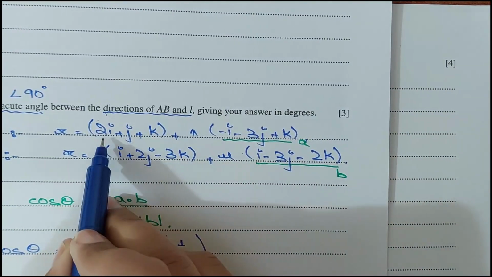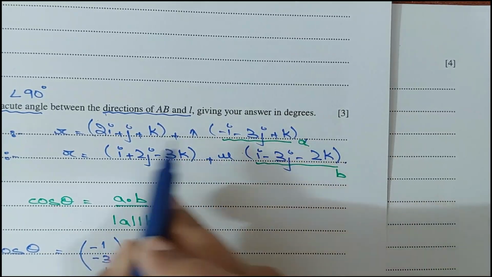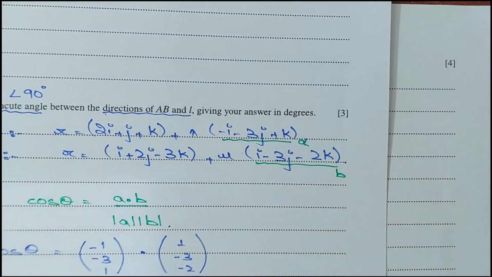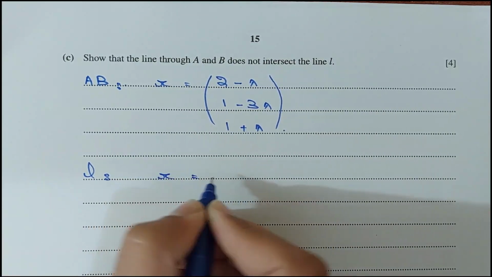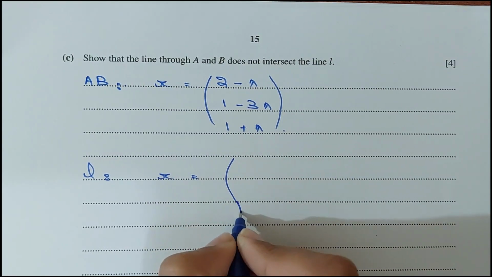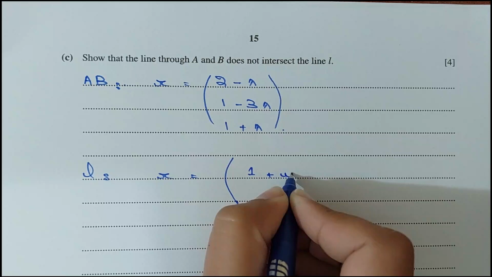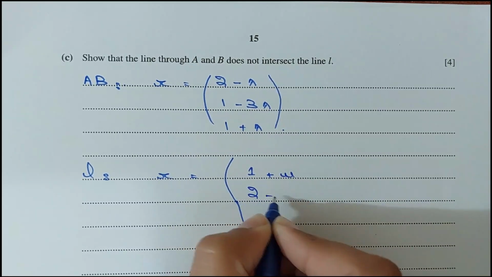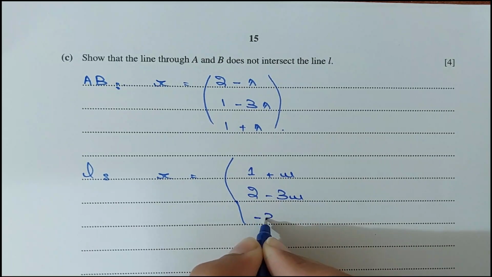And the line through L is r equals (1 plus mu, 2 minus 3 mu, minus 3 minus 2 mu).